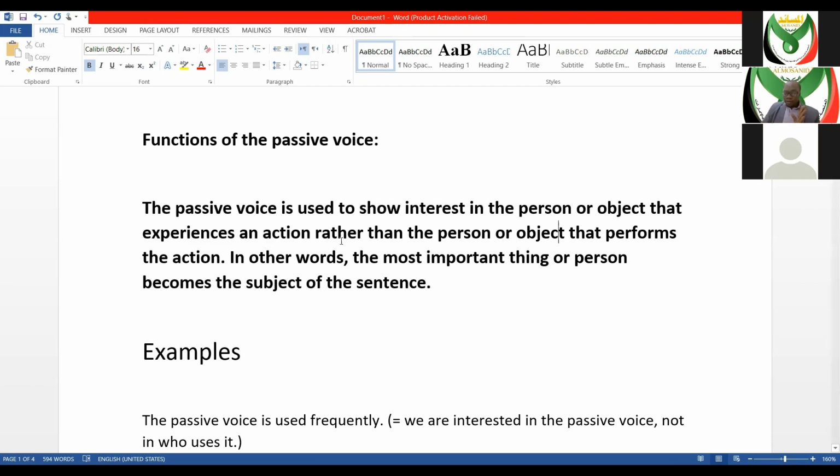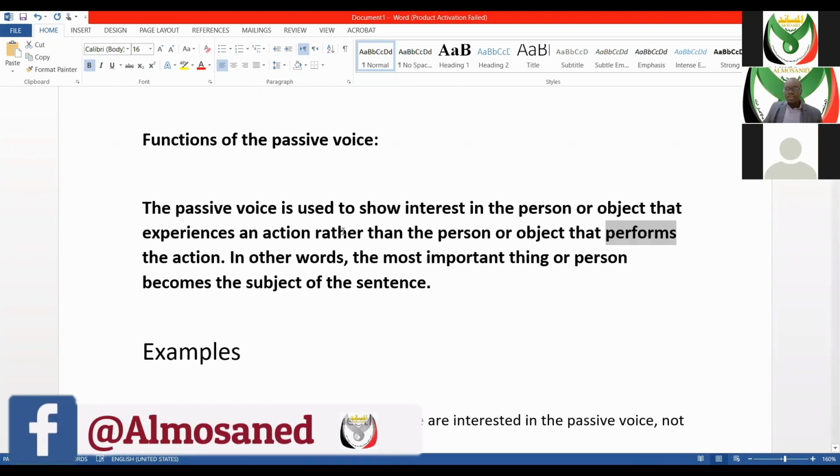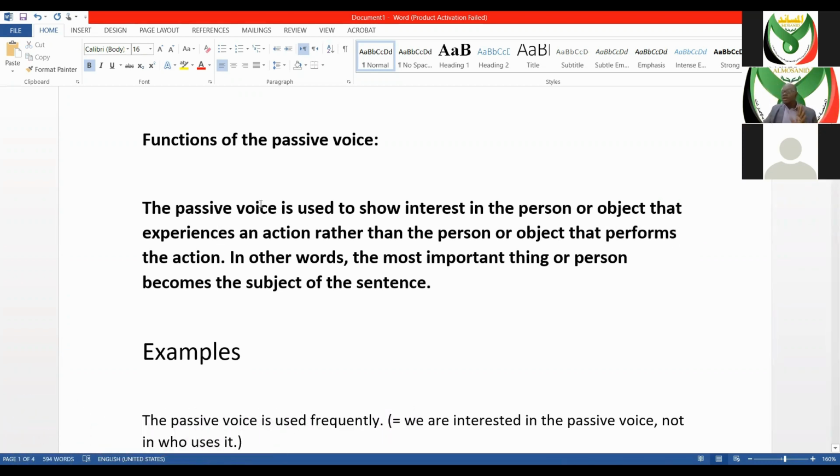Okay rather than the person or object that performs بمعنى شنو يؤدي أو يقوم. Performs the actions. It's not focusing on the person or thing that performs the action. No, it focuses on the things or object that receive the action. الشخص الذي أو الشيء الذي استقبل شنو الفعل أو الحدث. هذا هو أهمية الباسيف voice.